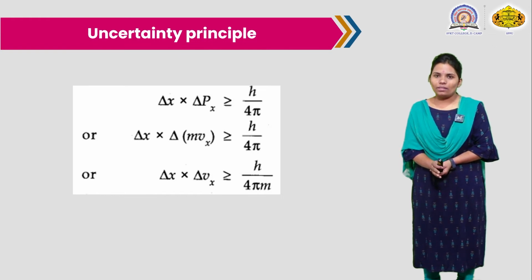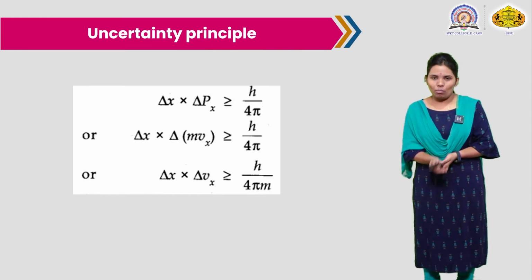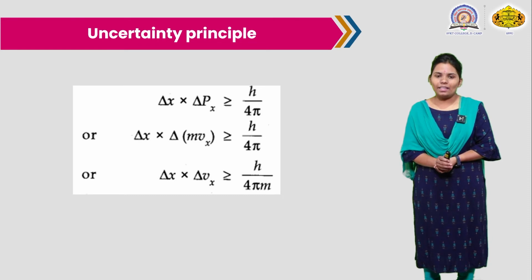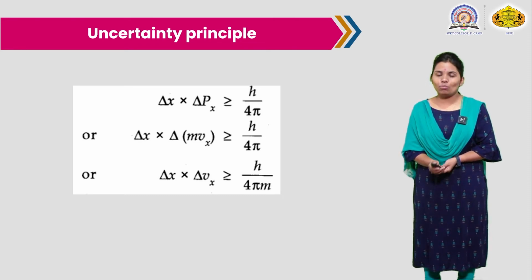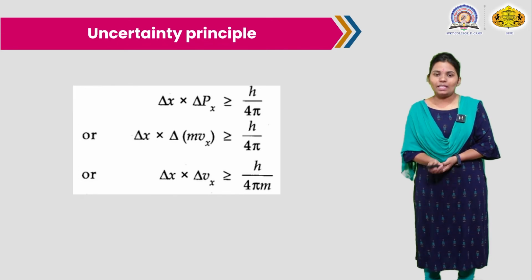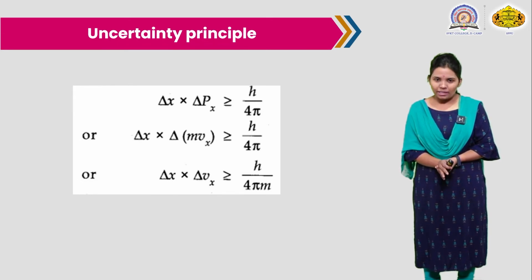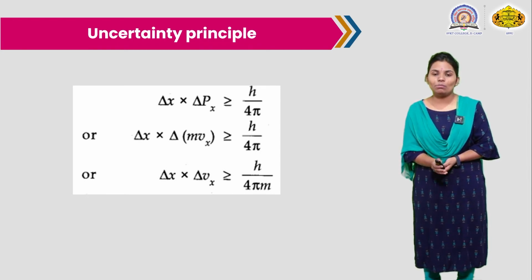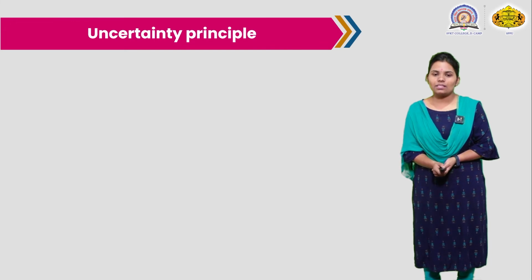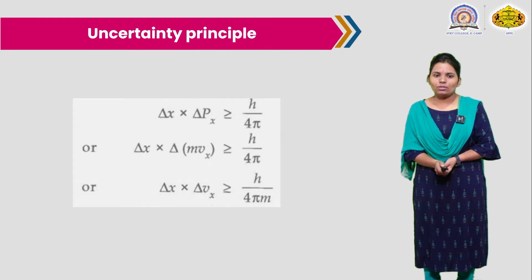If you take a quantum well or a particular box, and you know the position of the electron, you can't state the momentum of that particle. Either you can state the position of the electron or the momentum of the particle, and if you calculate both terms, there is some minimum uncertainty in any one of the values.